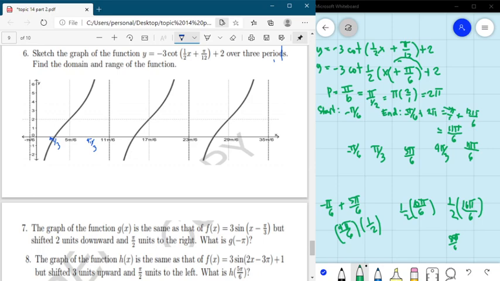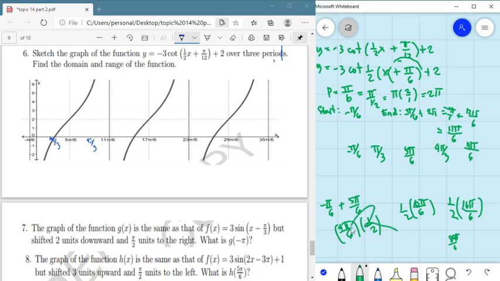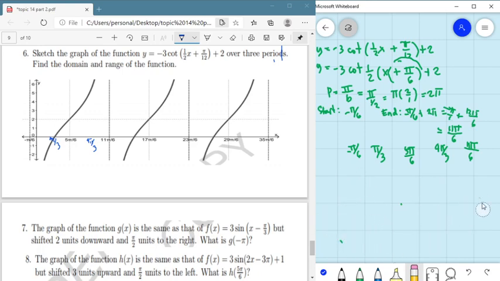Okay. So first, let us reset because it is dirty. Okay. So first, let us solve 1 half cotangent of 1 half x plus pi over 6.